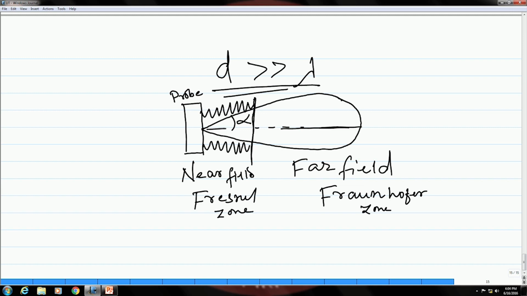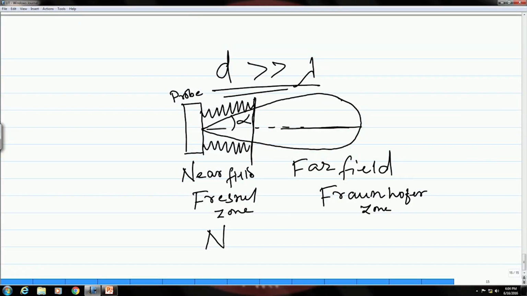If you want to express them in terms of parameters on which the extent of each of these fields depends: the near field, if we call that n, depends on the size or the diameter d of the transducer in this fashion, and it would also depend on the wavelength lambda.